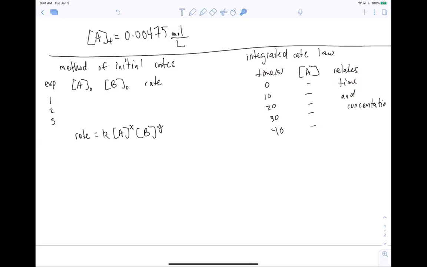You determine the order. And this one, which is kind of weirder, relates concentration to rate.